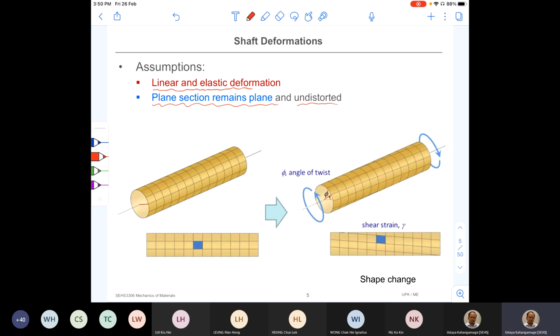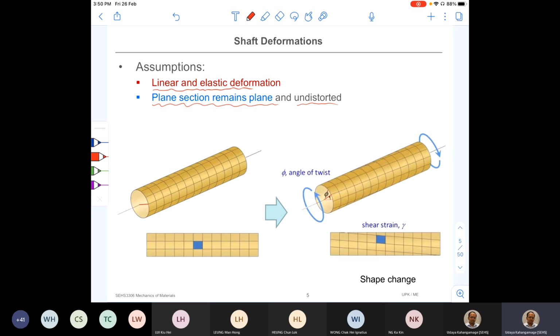So it seems like this member is made of several circular discs. By gluing together several circular discs, we can make this kind of shaft. Okay.